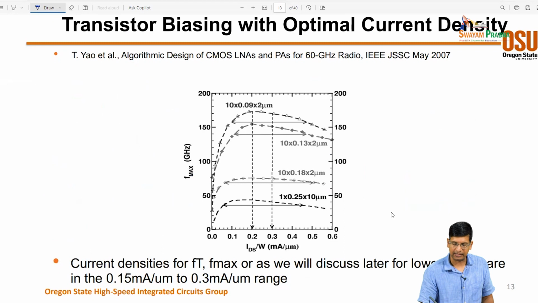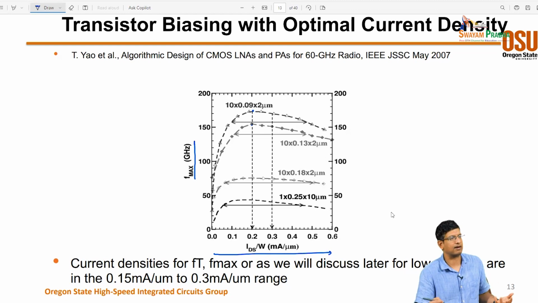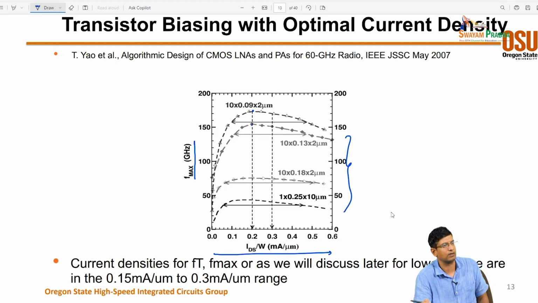In this particular paper, what they tried to show was that if I take a device Fmax, and on the x-axis they are plotting IDS over W, which is the current density of the device, the optimum current density for Fmax has stayed relatively invariant across process technologies.